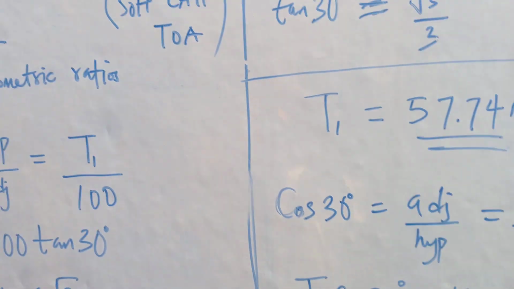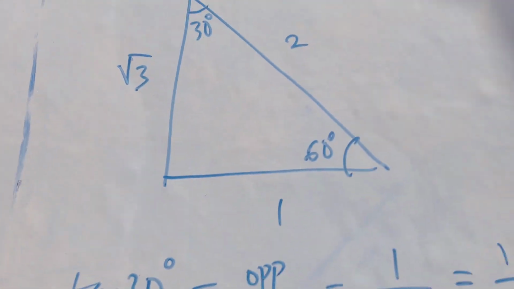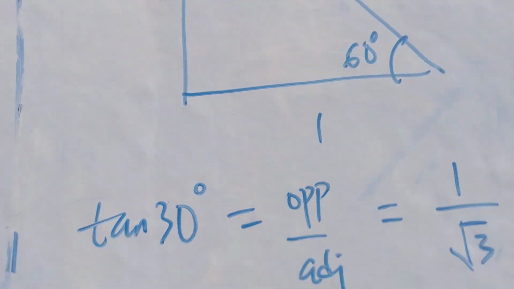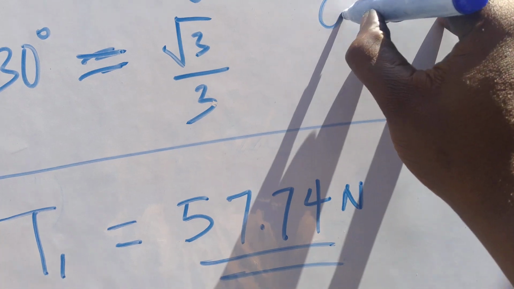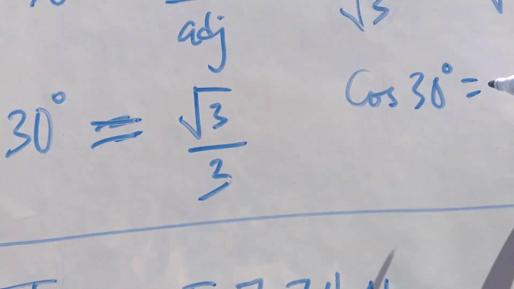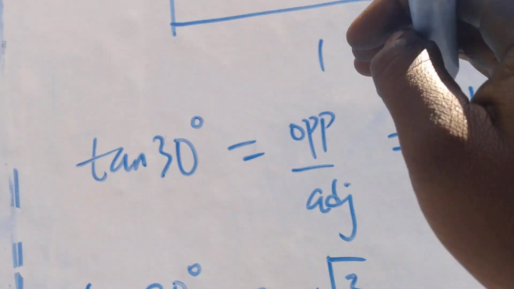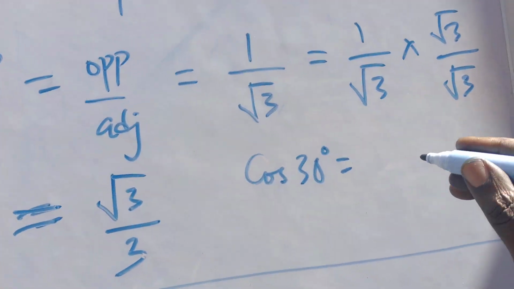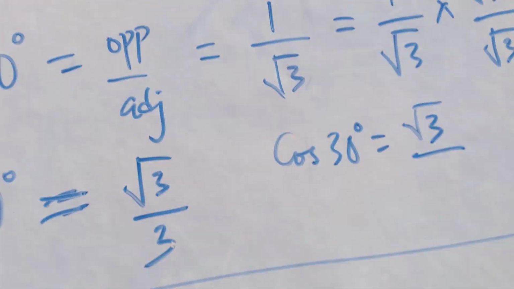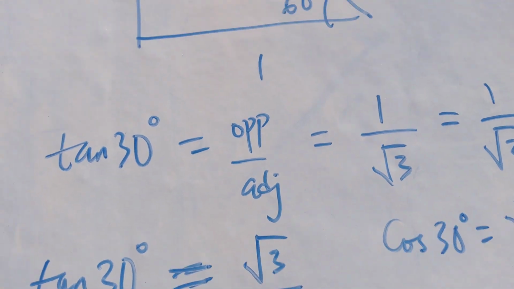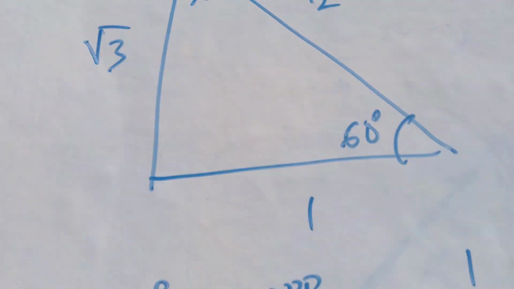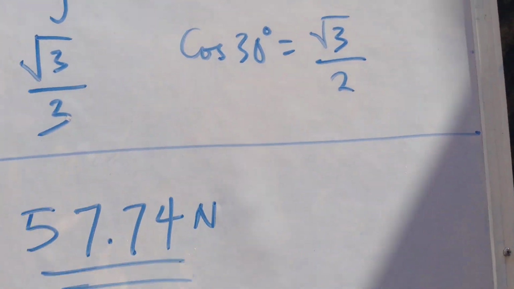I'll check that. The cosine of 30 degrees is the adjacent side of 30, which is root 3, and the hypotenuse is 2, that's root 3 over 2.